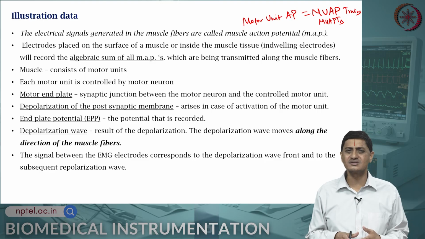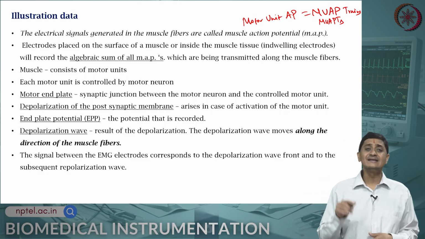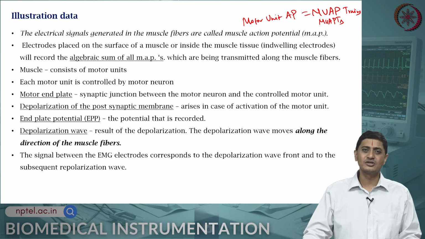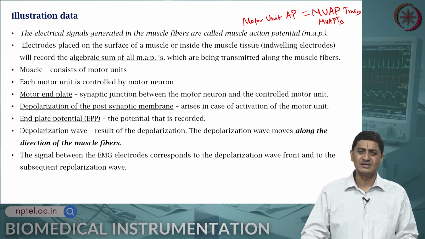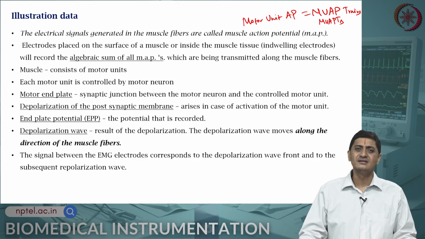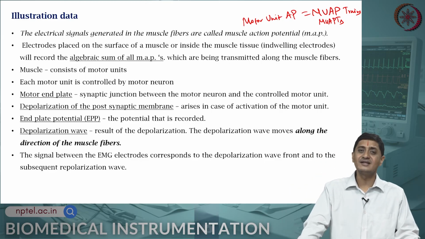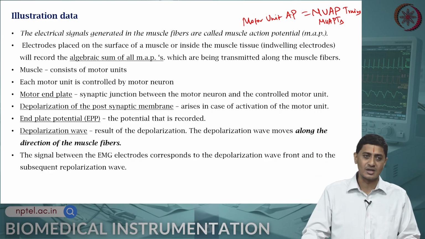Each motor unit is controlled by one and exactly one motor neuron. The definition of a motor unit is that a motor neuron and the set of all muscle fibers that it innervates together constitute a motor unit.